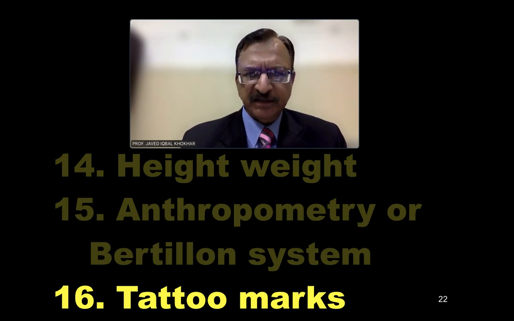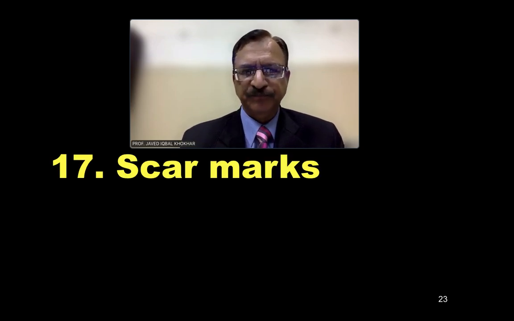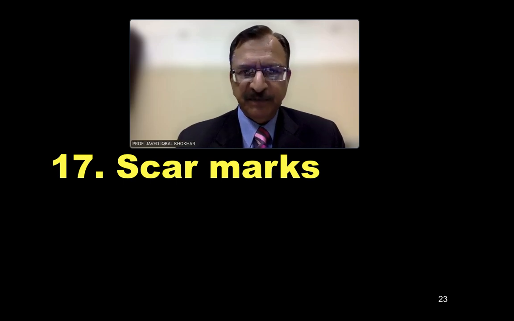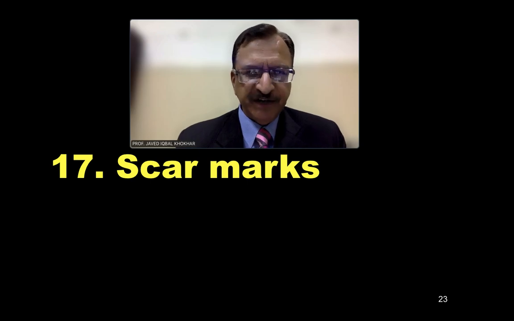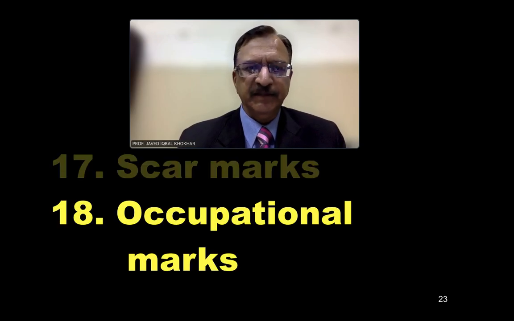Then the tattoo marks, the persons get pierced, they get tattooed, and they are very characteristic and can help in identity of that individual. Then certain scar marks. Scar mark can be of some disease, scar marks can be of injury, scar mark can be of operation or surgery, and that is also helpful in identity.